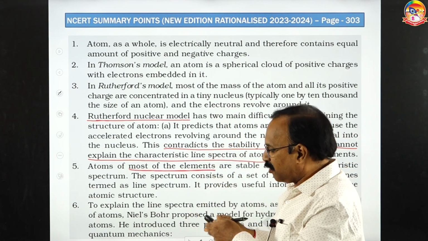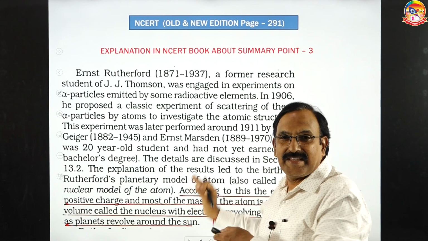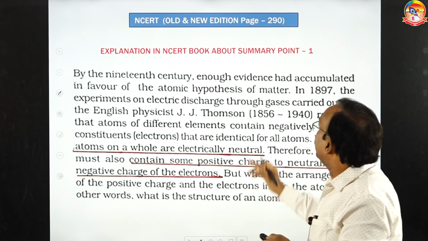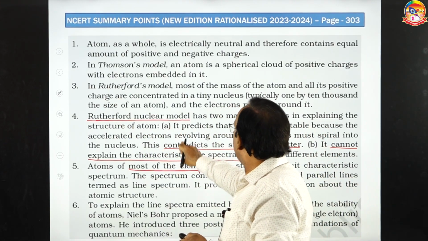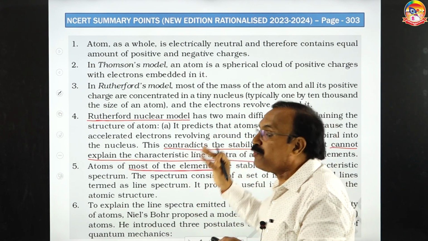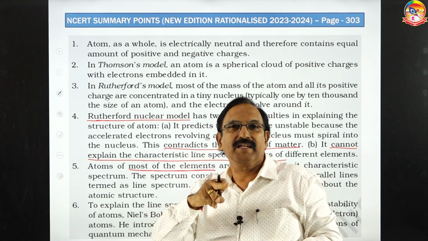That point is also well explained, and it is also non-controversial. Here comes the point: summary point 4. The Rutherford nuclear model assumes that electrons will be revolving around the nucleus.